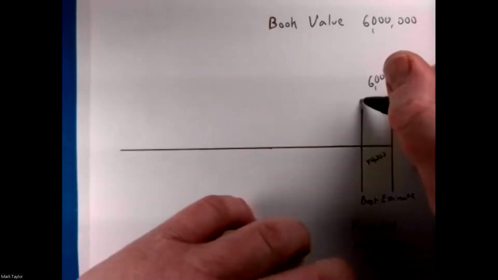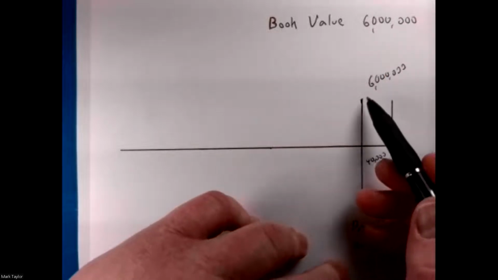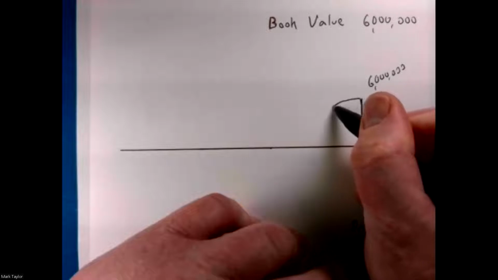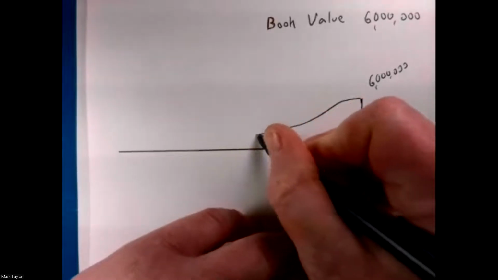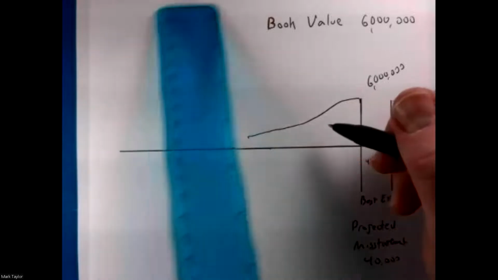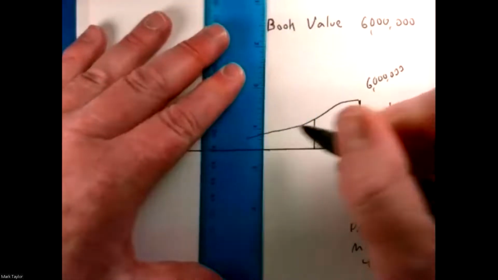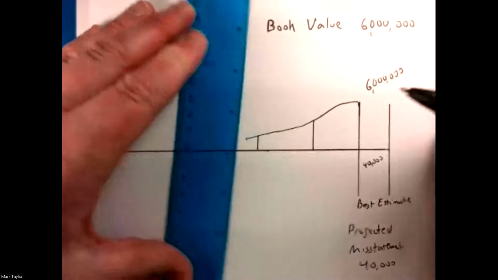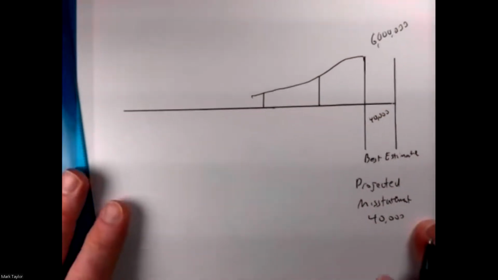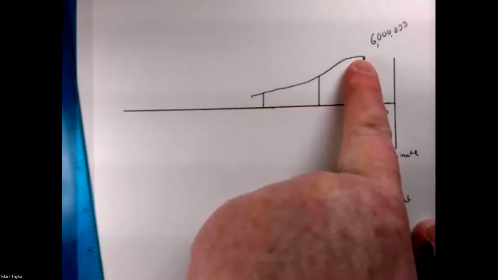Okay, now here's the thing though. Because this is only for overstatements, it's still going to have what they call one tail. I made that kind of big on purpose. Because this could be off by more than just the 40,000, because it's a sample, right?